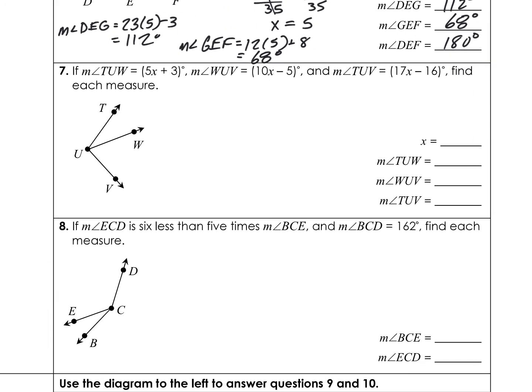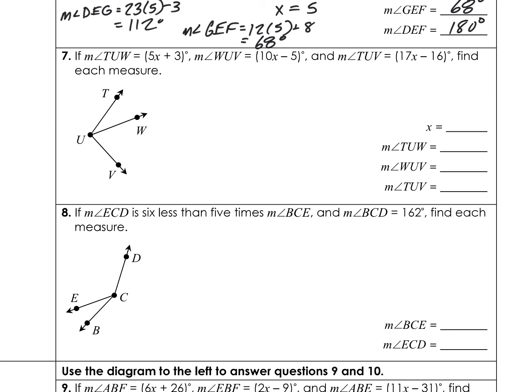All right, number 7. If the measure of angle TUW is 5x plus 3, and the measure of angle WUV is 10x minus 5, and the measure of angle TUV is 17x minus 16, so they're not telling us the angle measure, but they're giving us another expression, find each measure.